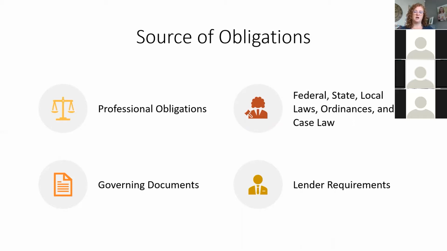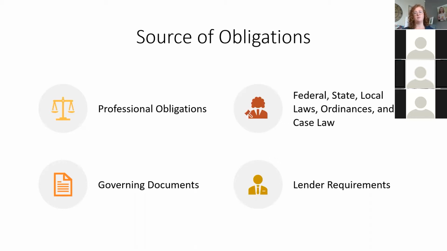You have your governing documents, and those make up a whole package. We're going to go through what some of those documents are and what the hierarchy of those documents is. We look to our professional obligations, both here in our state but also at a national level. What are best practices in our industry when we're making recommendations to the board on your obligations? And then there are some communities that have specific lender requirements.